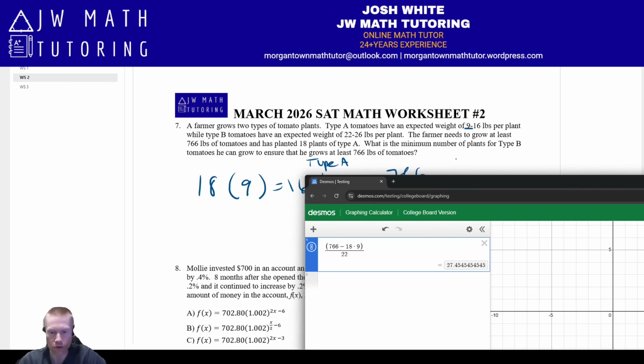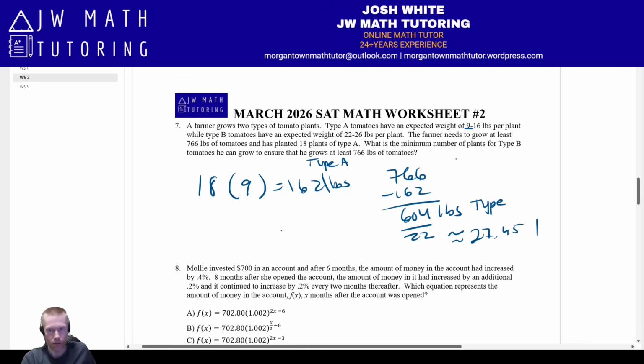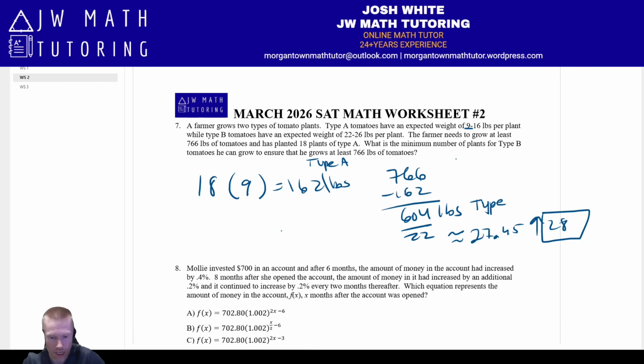Notice I get 27.45, but technically you have to round that up to 28, because first of all there's no such thing as 0.45 of a plant, and second of all, if you round it down to 27, you would not reach the 766. So the correct answer for this one is going to be 28.